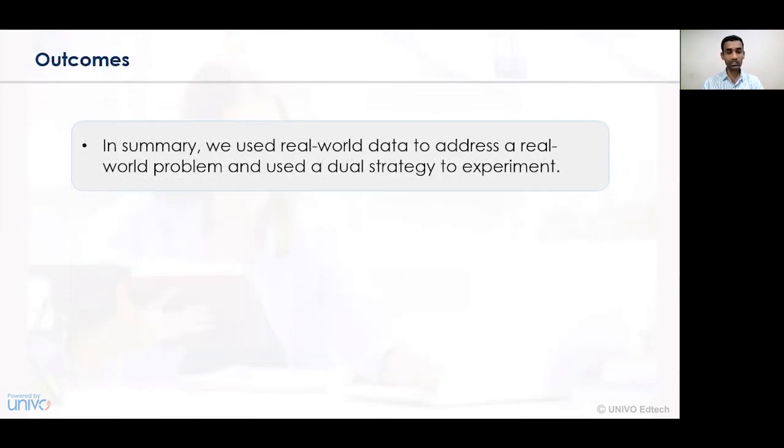Now let's understand the various outcomes of this case study. The outcomes focus on the usage of real-world data to address the real-world problem and use a dual strategy as to what experiments can be employed.